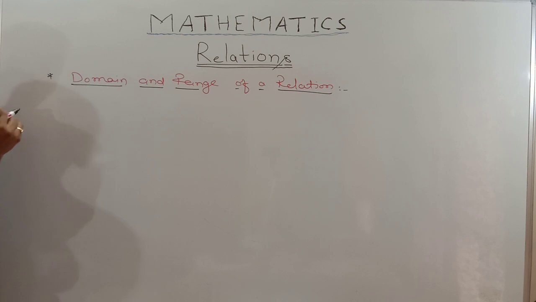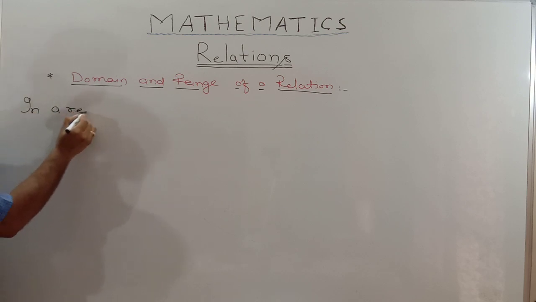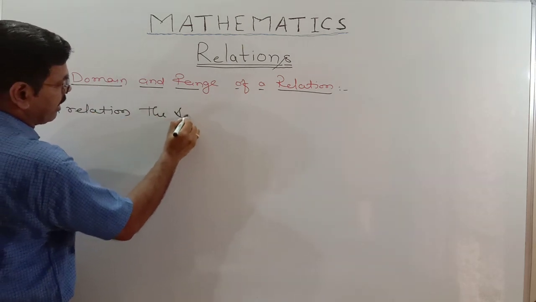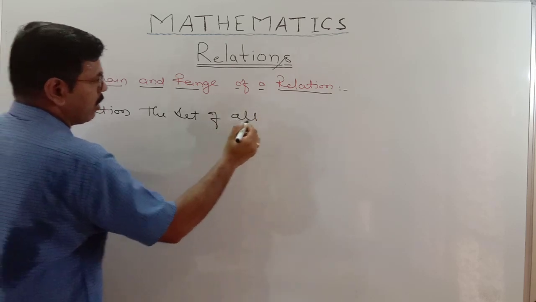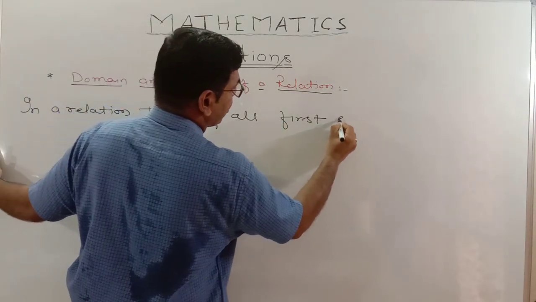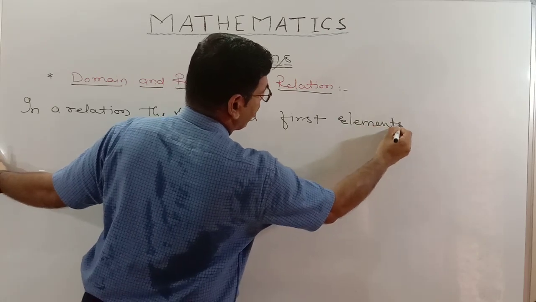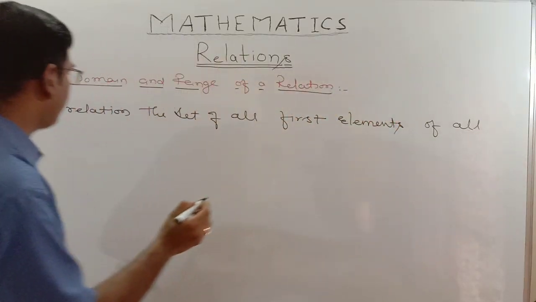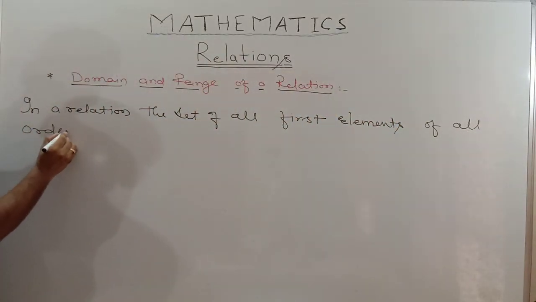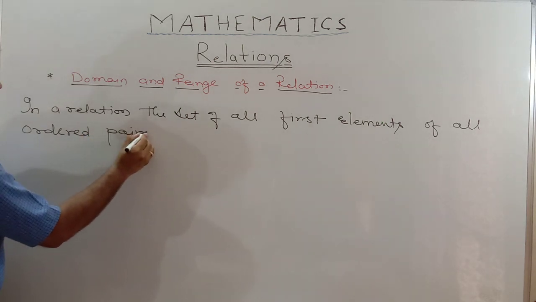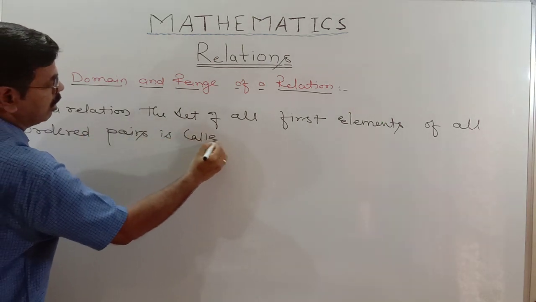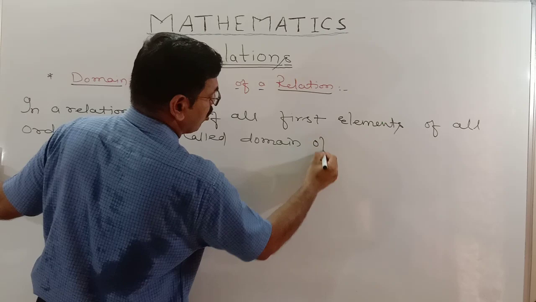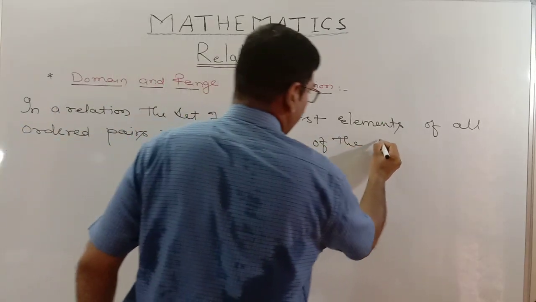So in a relation, the set of all first elements of all ordered pairs is called the domain of the relation.